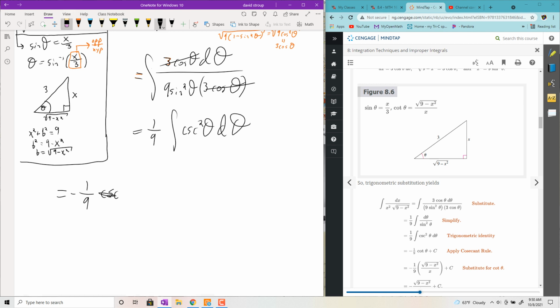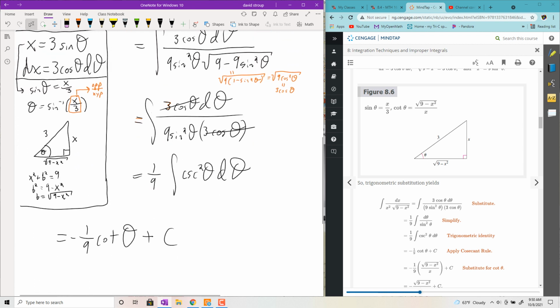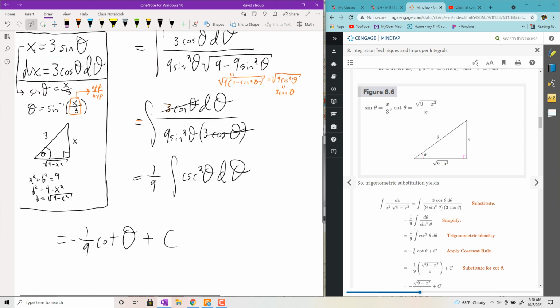So negative 1/9 cotan theta plus c. Okay, it kind of seems like you're done, but you're not. You began in x, so thou must end in x. So what you do now is use this triangle stuff, the second half of my box, to simplify it.